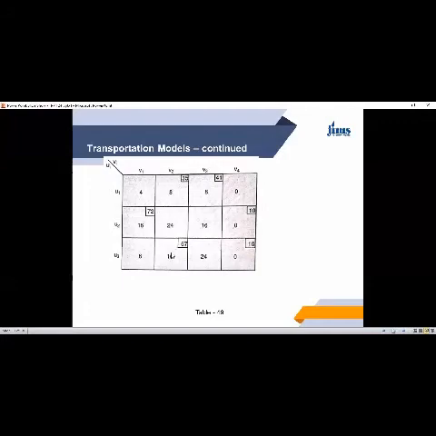V2 we have already got as 8, so U3 will be equal to 8. And U3 is 8, so 8 plus V4 is equal to 0, so V4 will be minus 8. So U2 you can get from here: this is 0, so U2 plus V1 is 16, with V1 equal to 8, U2 is 8. So we have got all the values now.